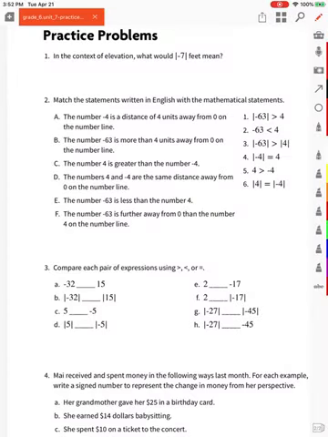Okay, so we're going over the practice problems for Unit 7, Lesson 7. In the context of elevation, what would -7 mean? It means the distance between -7 and sea level.